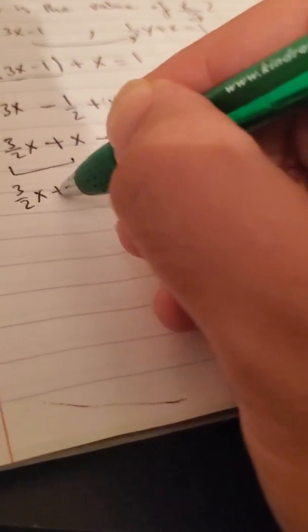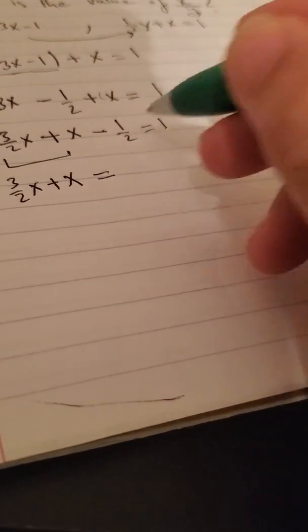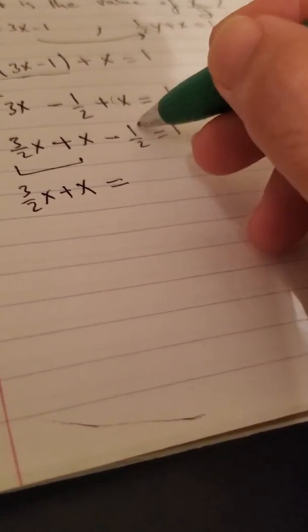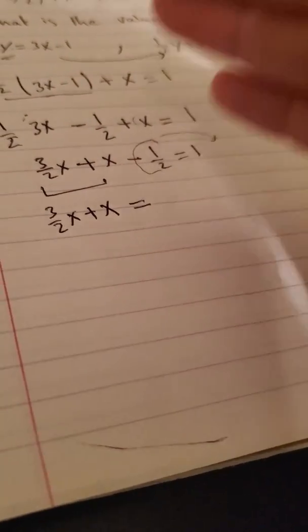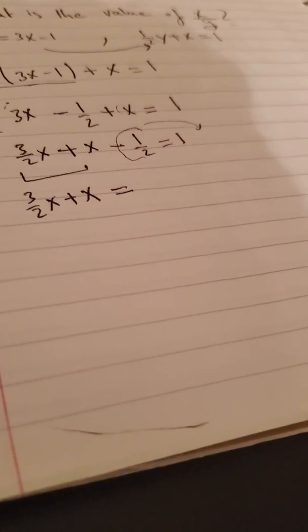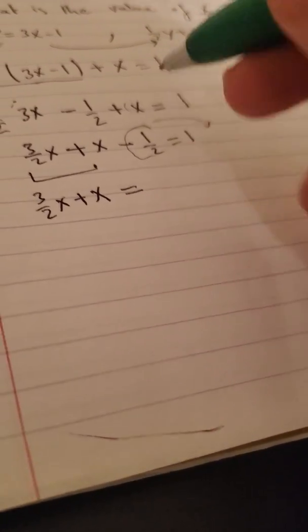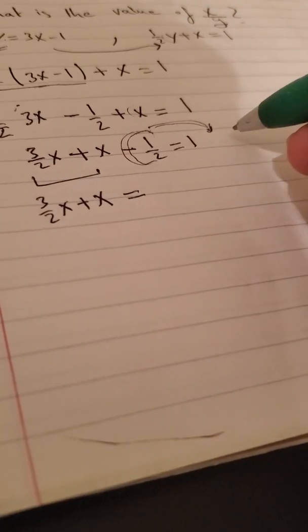Now, a general rule in any kind of linear equation, you always try to put the unknowns on one side and the known terms on the other side. So if I simplify it, it's going to be 3 over 2 x plus x equal to, if I move this half to the other side, always when you move a term to the other side of the equation, you change its sign. So when I move the minus half over here, it's going to be plus half.